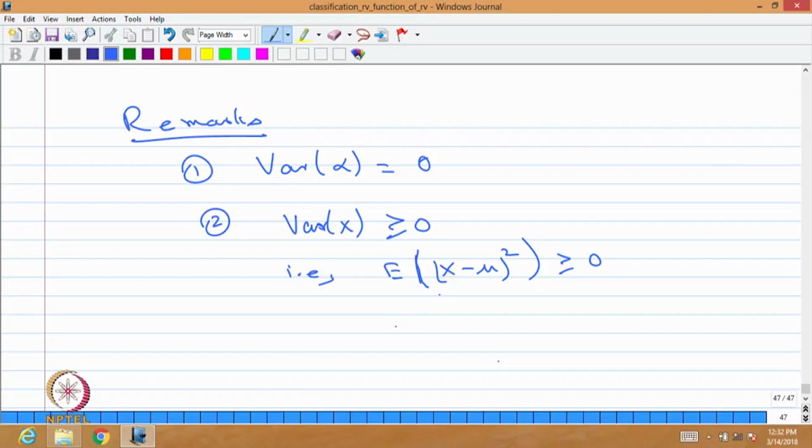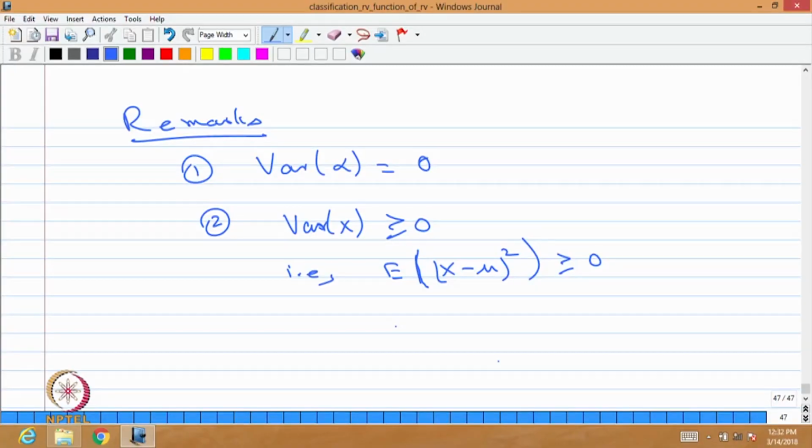because whether it is a discrete or continuous type random variable, if it is discrete, it is a summation of (xi minus mu) the whole square times the probability of x equal to xi, and the probability mass function is greater than or equal to 0. Xi minus mu whole square is a positive quantity. Therefore, if it exists, then the summation is going to be positive.